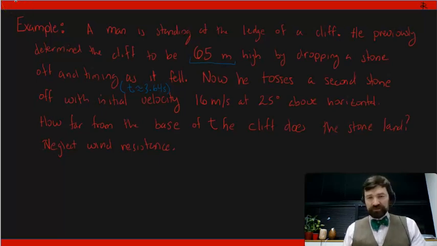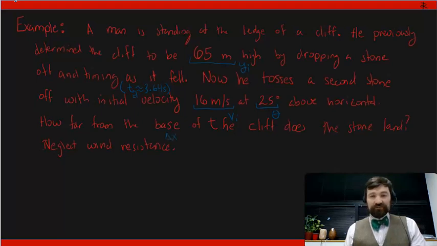This is t for dropping. What I really wanted to do is label these terms as what they are. So this is theta. This is your v initial. This right here represents y initial in the equations. And how far from the base of the cliff is basically a delta x.